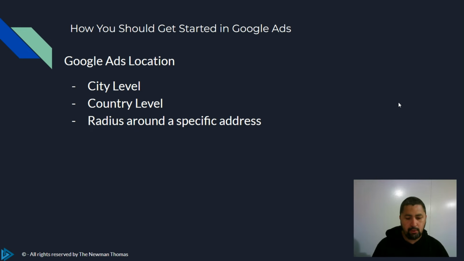Or if you want to do plumbing all around Sydney, you can set the ads to display to everyone at city level in Sydney. If you are selling products online and you want to target the country, you can target, let's say, all of Australia. The Google Ads location default is worldwide, so if you don't set any location, Google will display your ads to everyone around the globe.